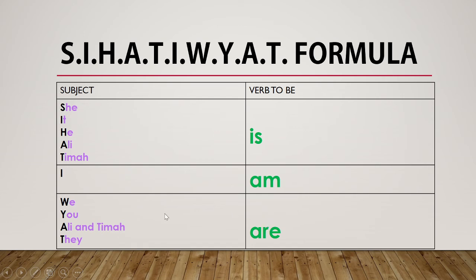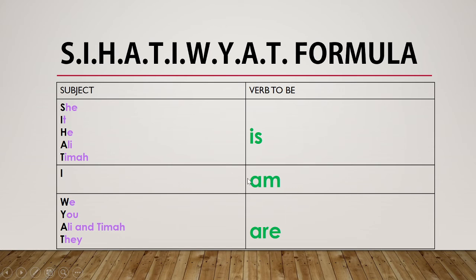Remind yourself, you are in the situation, so it's "we". You can replace "my friend and I" with "we". So definitely you will say "my friend and I are". For example, my friend and I are at the shopping mall.